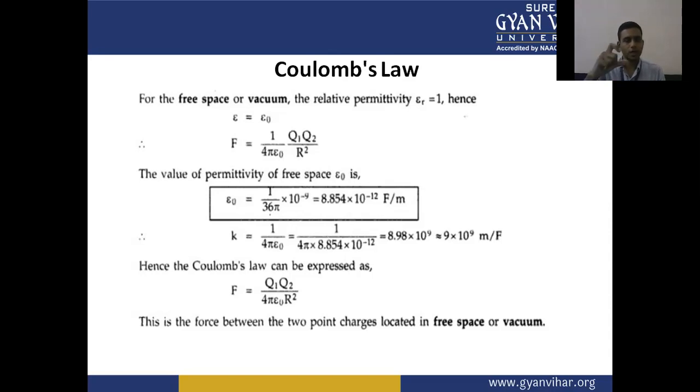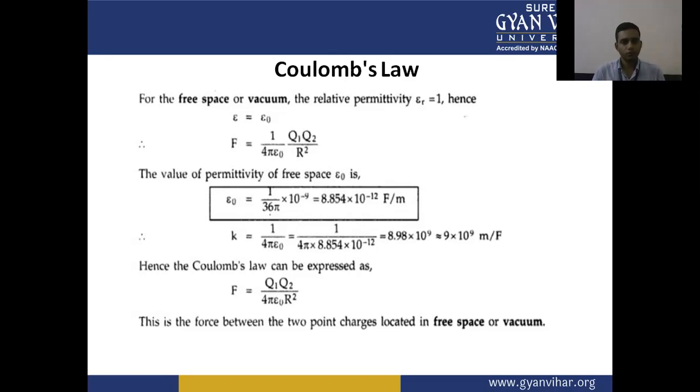Hence, Coulomb's law can be expressed as F equals Q1 Q2 times 1 upon 4 pi epsilon r square, because K equals 1 upon 4 pi epsilon. So the value of K is 9 into 10 to the power 9 meter per farad.